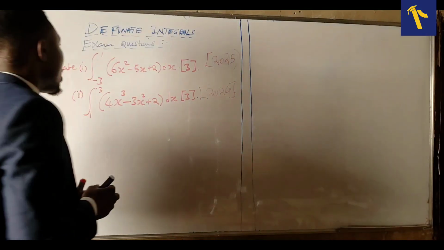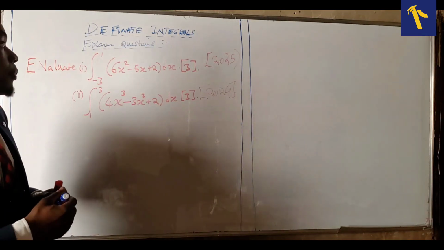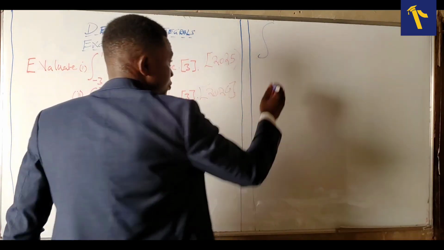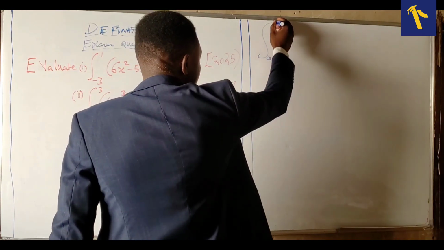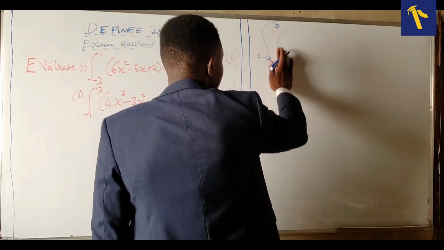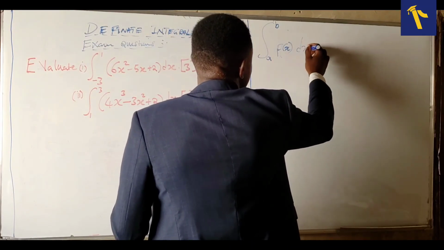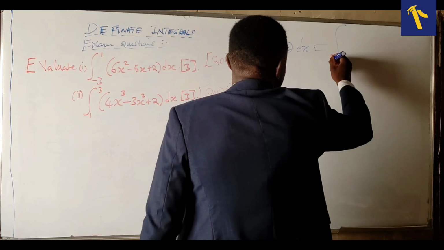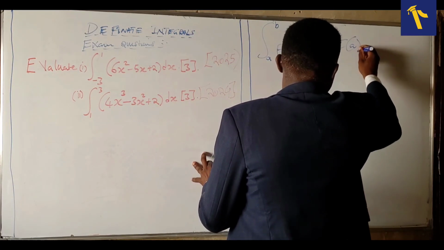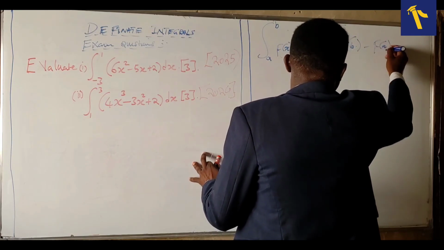Great. So now, when we talk about a definite integral, a definite integral is a type of integral that has an expression of the form: this is our a, this is b, and we have some function f of x with respect to x, and this is the same as f of b minus f of a.